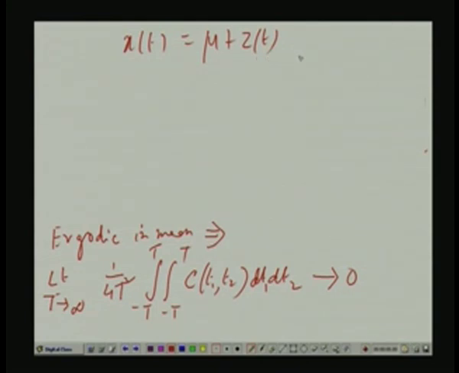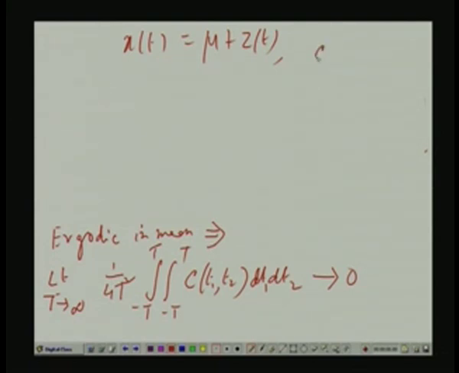Mu, because E of z t is 0, and therefore x t is stationary in mean, because the mean, that is expected value of x t, is constant, that is mu independent of t. So, that first condition is satisfied, that is stationary in mean, and it is given also that z t has a correlation, that is the correlation of z t is given to be correlation or covariance, because z t is 0 mean, so correlation and covariance mean the same.